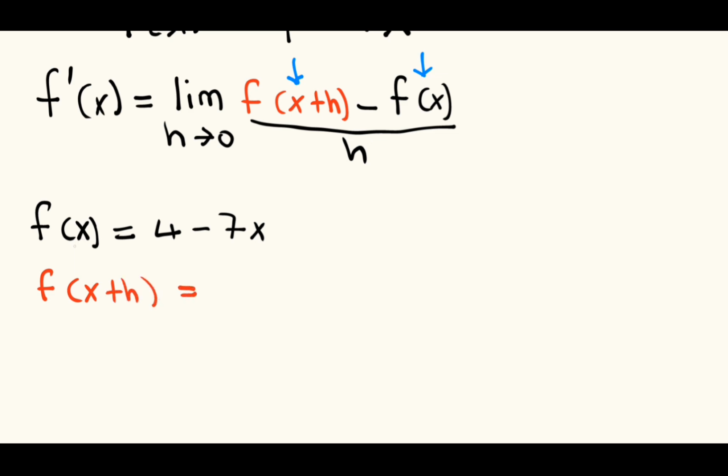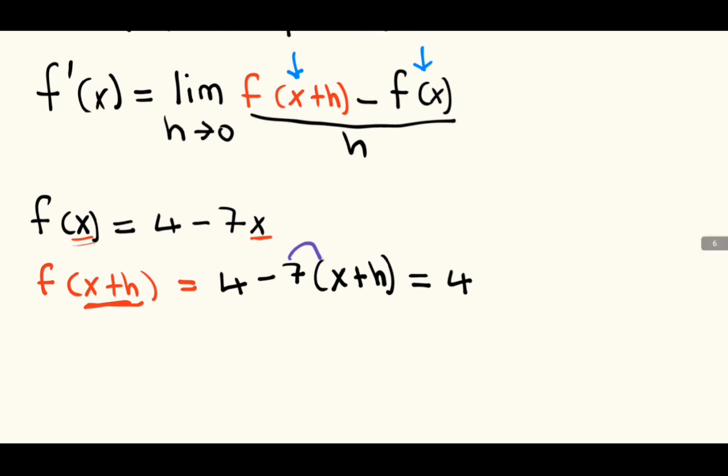So there was x, now there is x plus h. Where there was x, they substituted x plus h. So where there is this x, we will also substitute x plus h. And this will be equal to 4 minus 7 into x plus h.